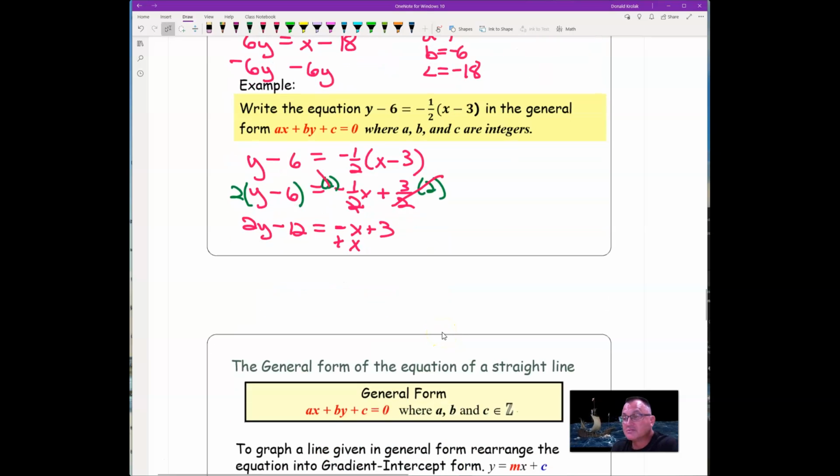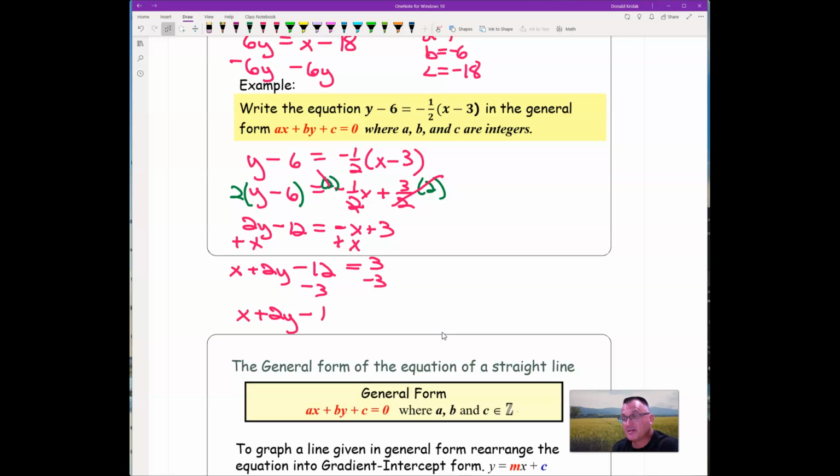Okay, so what do we get? x plus 2y minus 12 equals 3. x plus 2y minus 15 equals 0. And there it is in general form.